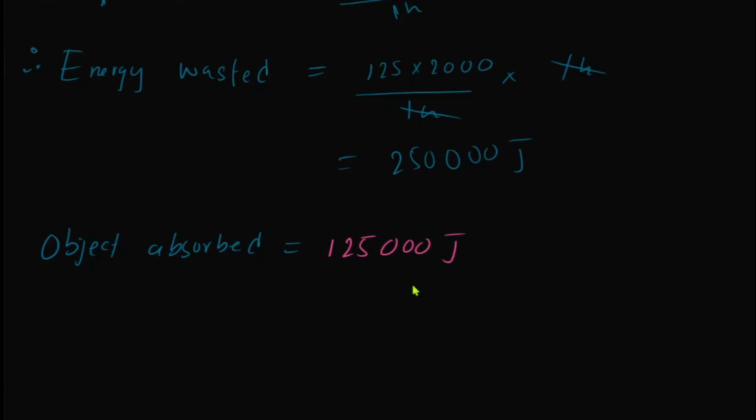Because of this heat energy absorbed by the object, its temperature is going to rise: mc delta T. What they are asking is the increase in temperature. So the energy absorbed by the object is 125,000 joules. Mass is 25.